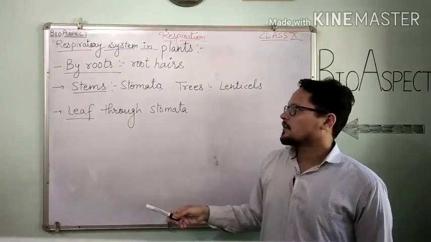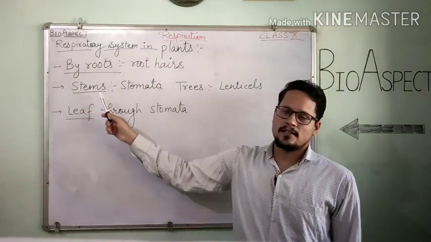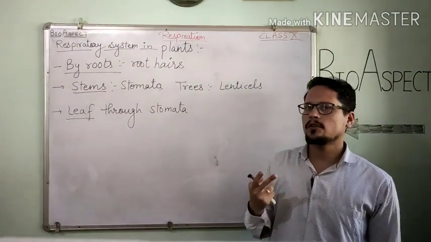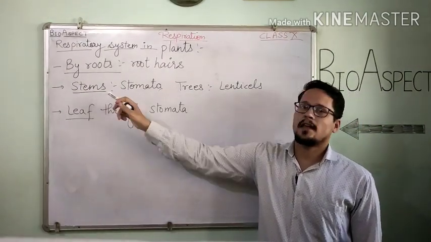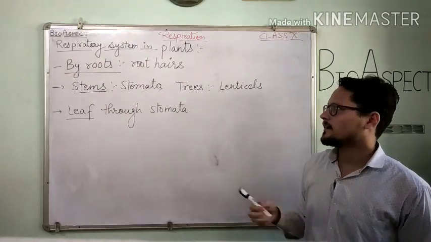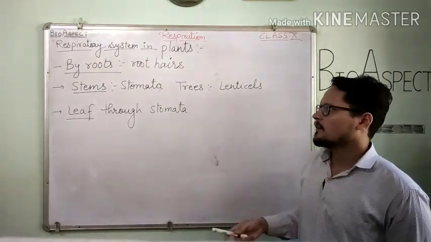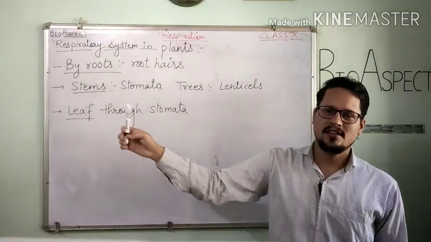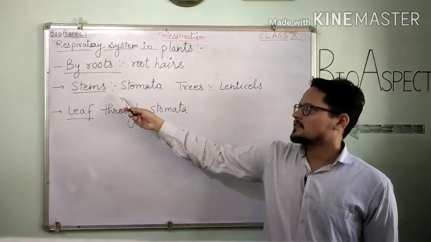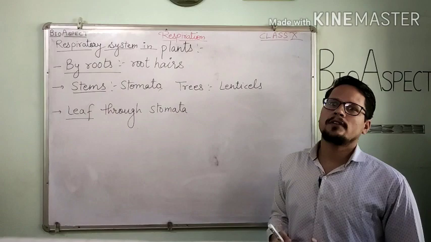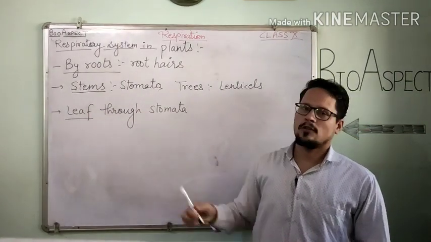Number second is by stems. Here you have two conditions. Number first is the herbaceous stem, and the second one is the trees which have a woody stem. When the stem is green, that means in the herbs, the stomata are also found in their stems.